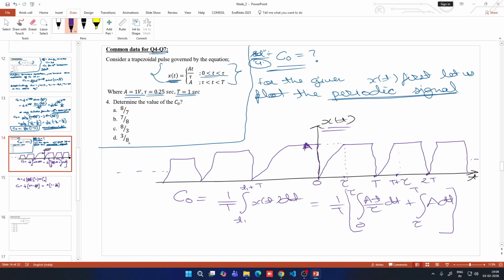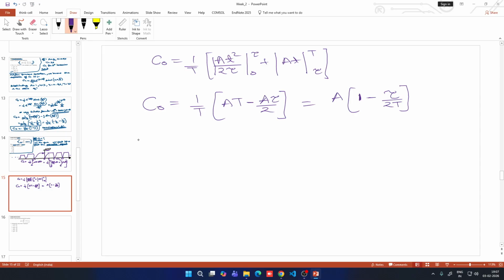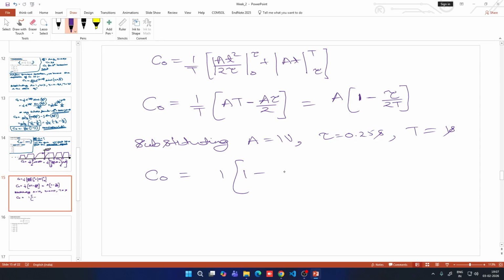And in problem 4 it's given that A is 1, tau is 0.25, and capital T is 1 second. So substituting A as 1 volt, tau as 0.25 seconds, and T as 1 second, we get c naught as 1 multiplied by 1 minus 0.25 divided by 2.